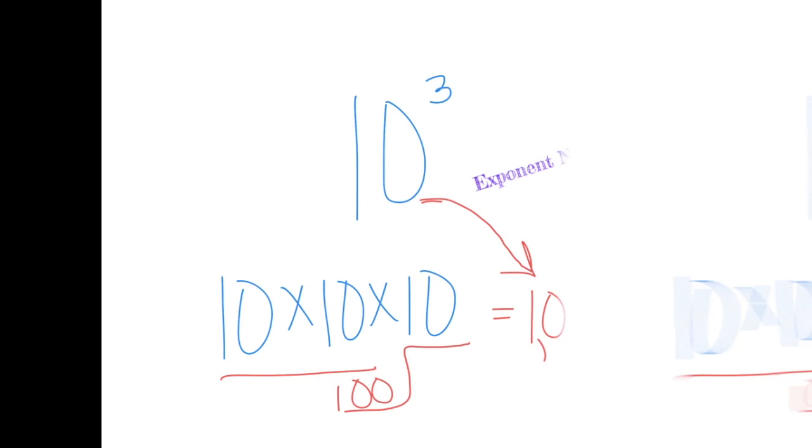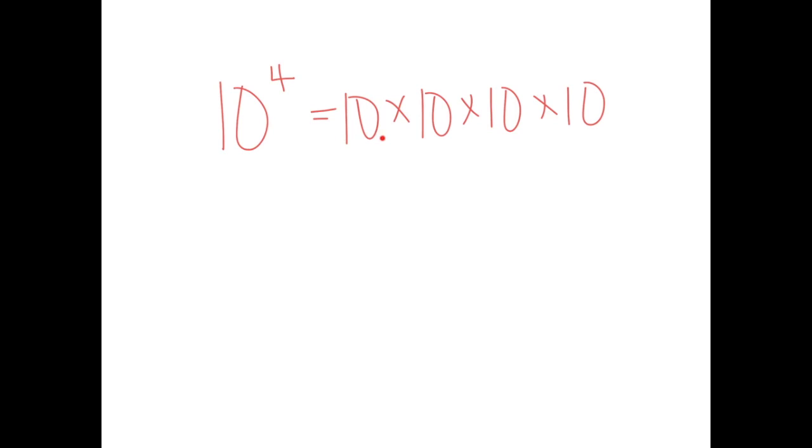Let's try another one. What about 10 to the fourth power? Remember that my base is 10, so that's the number I'm going to multiply over and over again. And the exponent, the 4, tells me how many times to multiply it. So this is equal to 10 times 10 times 10 times 10. Now I'm going to do this in pieces, so I'm going to start with just the first part. 10 times 10 would give me 100.